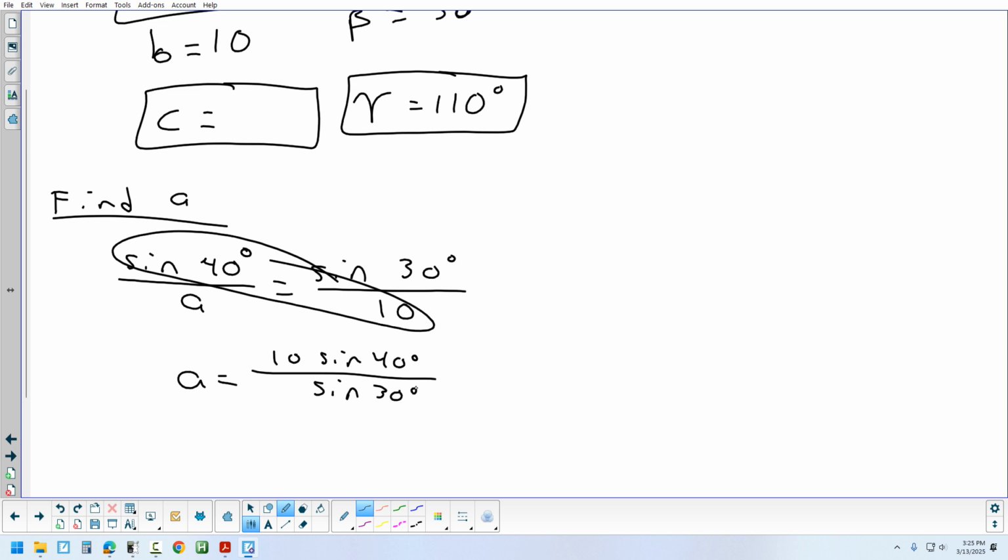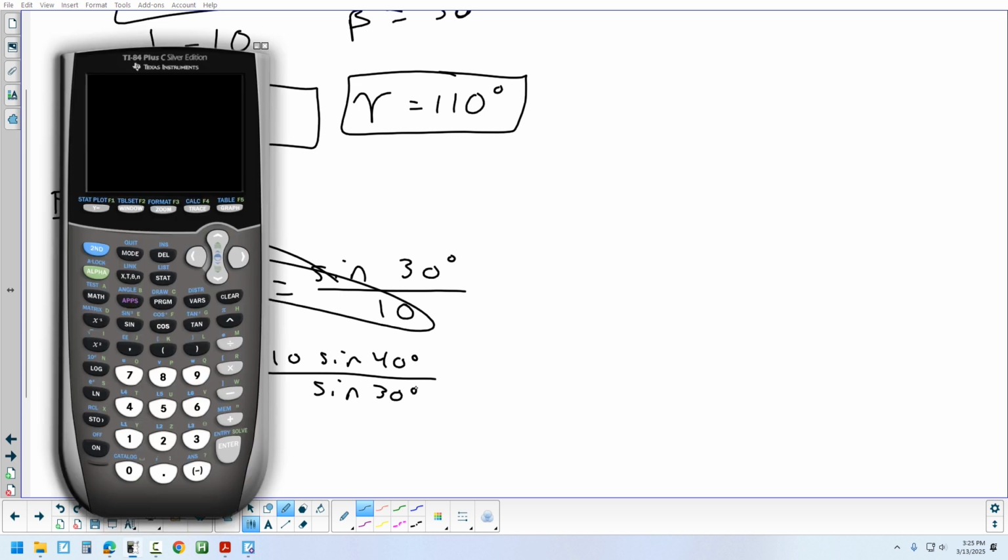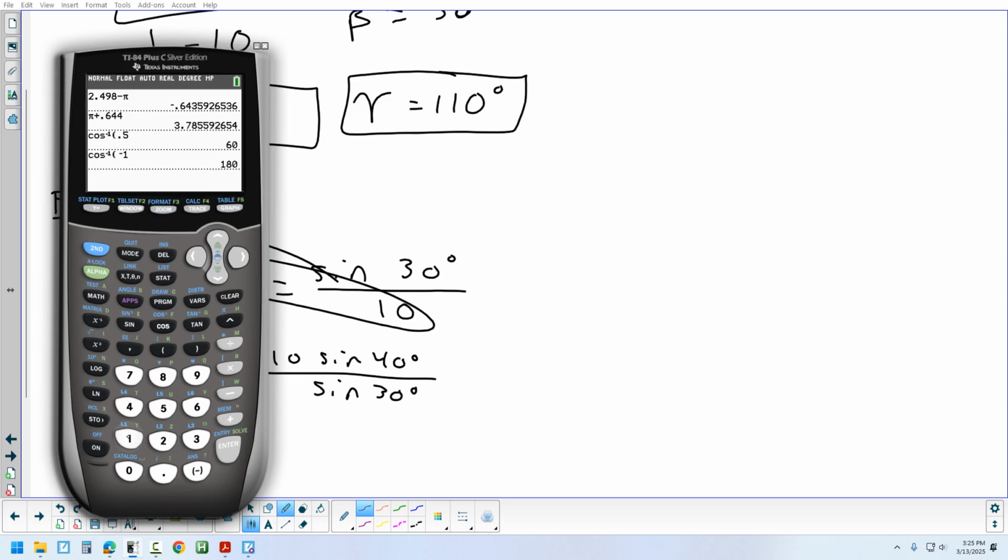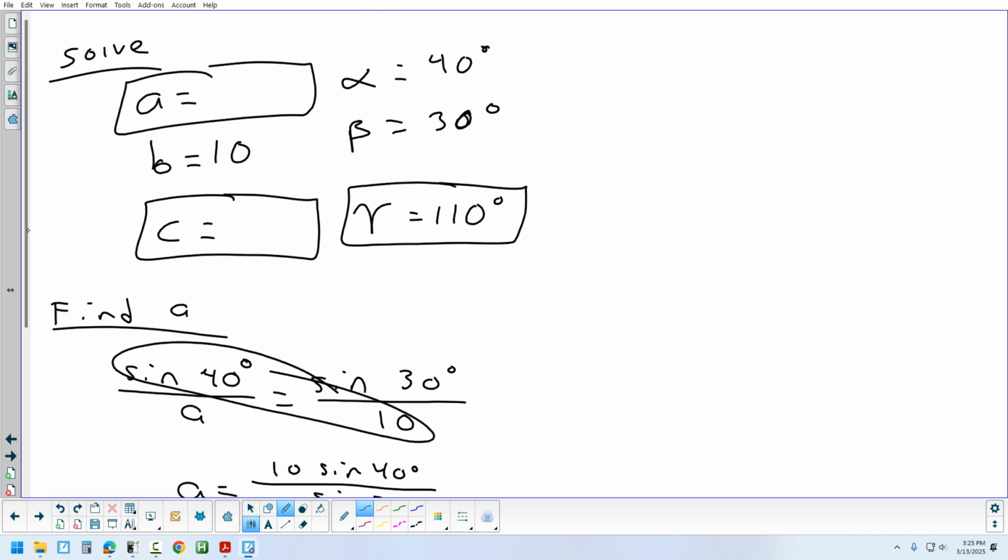That is your answer for A. Make sure when you type it in, you are careful with parentheses: 10 sine 40 divided by sine 30. That gives us 12.856. All right, that's our first side.